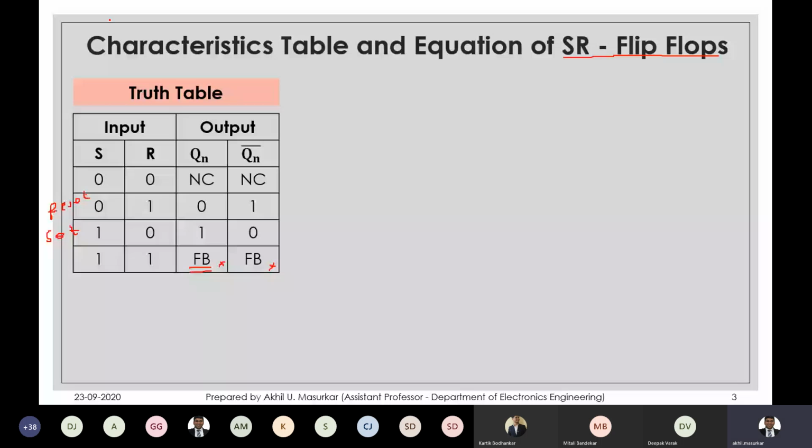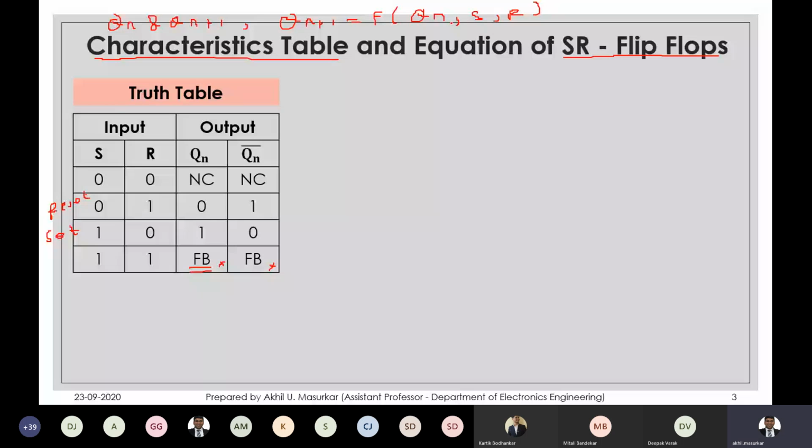Qn plus 1 should be a function of Qn, S and R.